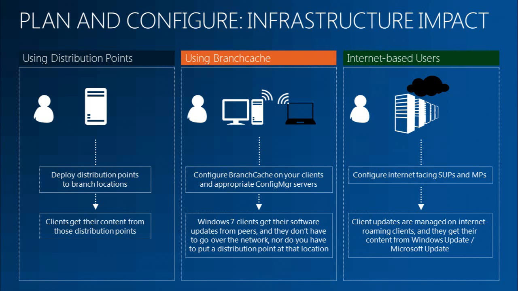But when it's time to get the content, when there's a future deadline, it will actually go to Windows Update and get the related content based on the updates you've approved in Configuration Manager. So the client no longer has to come into your DMZ, internet-facing distribution point, to get that content. Now, it can fall back to that distribution point, but its primary source of binaries is Windows Update.